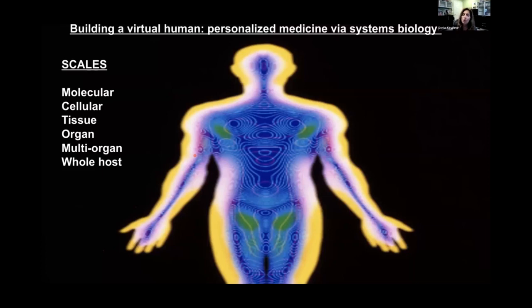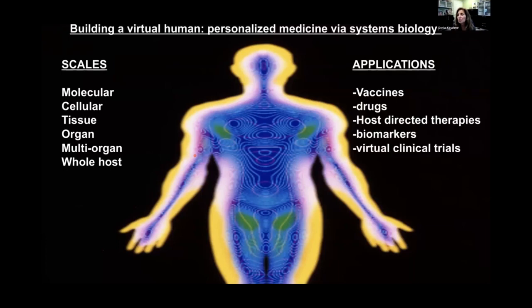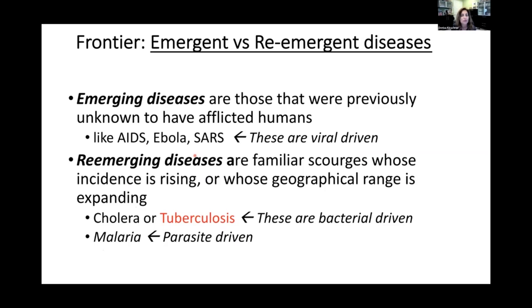And we do that over examining multiple scales from molecular to the whole host scale, which I'll talk briefly about today, as well as looking at multiple applications like vaccines, drugs, host-directed therapies, biomarker discovery, as well as something we call virtual clinical trials.